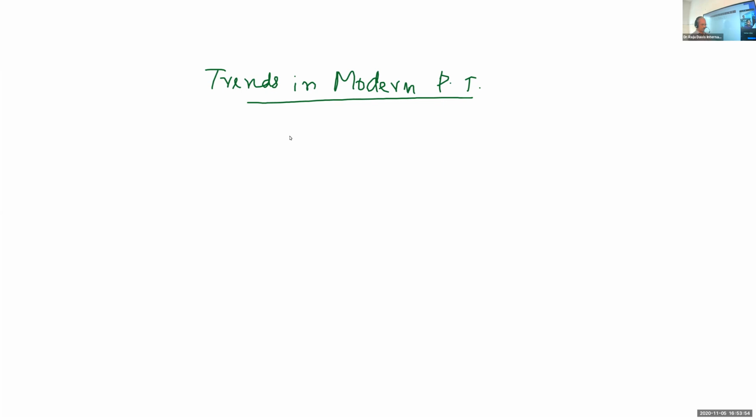That is what is meant by the trends in the modern periodic table: the variation of some of the properties of the elements.